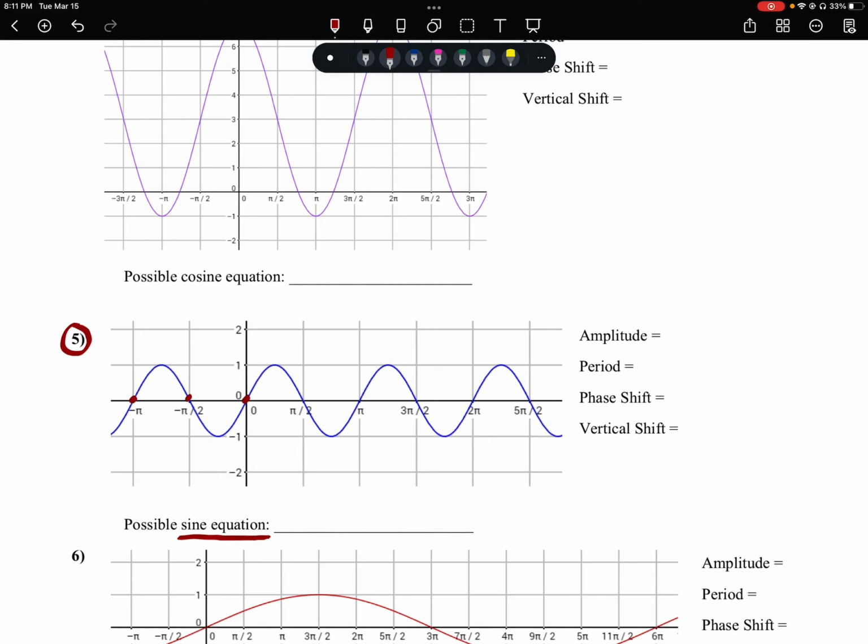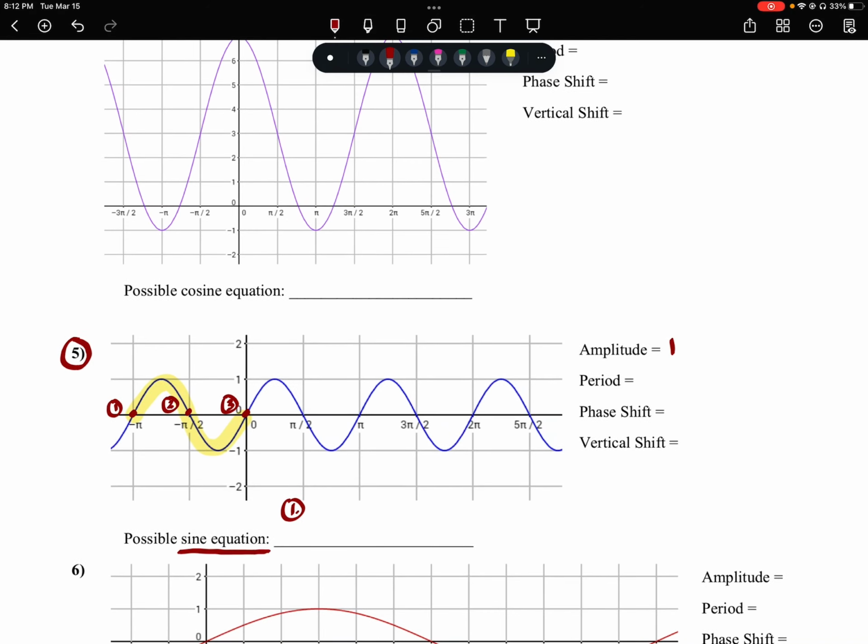I'll just do maybe these 3. So this was my number 1, this was my number 2, this was my number 3 options. So looking at 1, this one starts here, goes up, down, back to here. Well, it looks like an amplitude of 1.